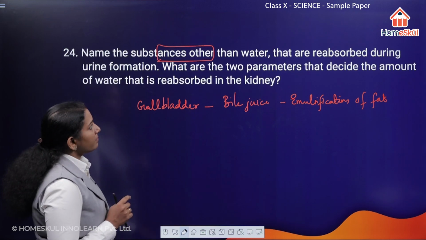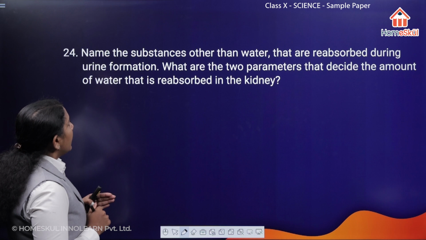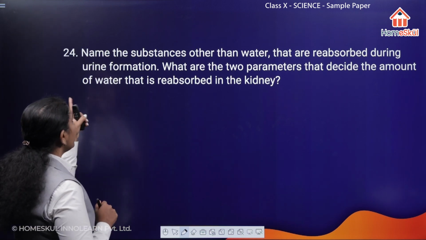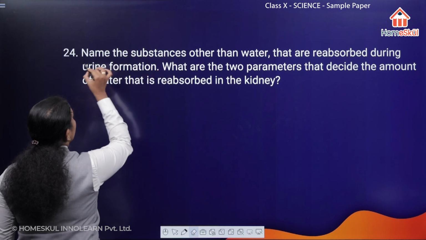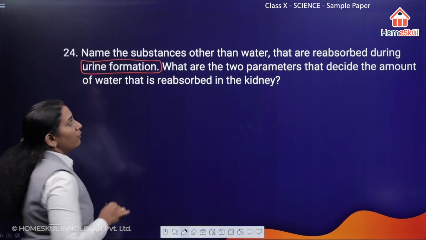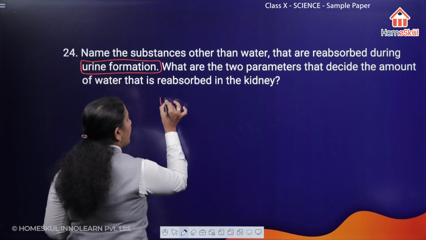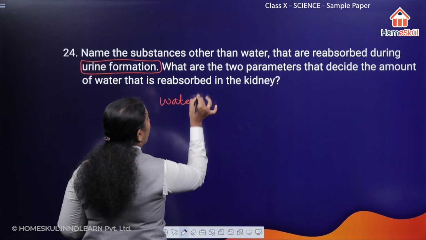Okay, then next question. Name the substances other than water that are reabsorbed during urine formation. During the formation of urine, you know that water is the main component that is reabsorbed.